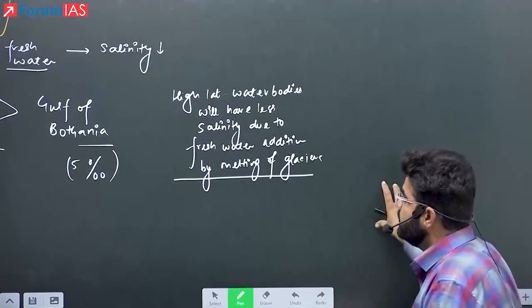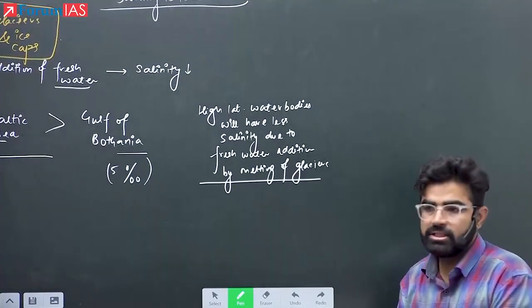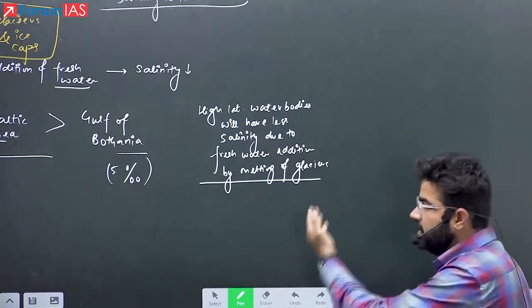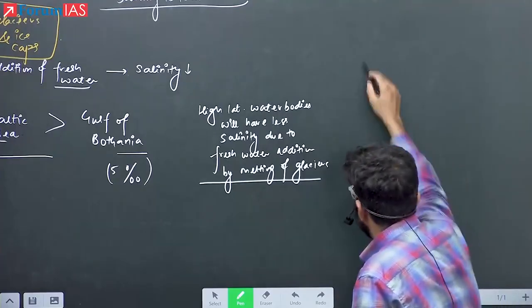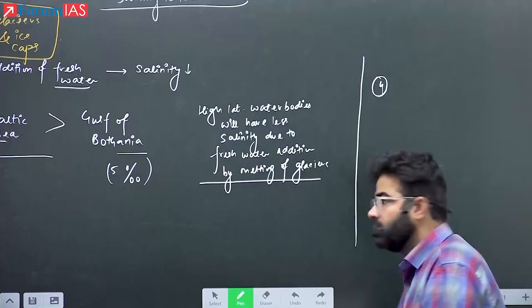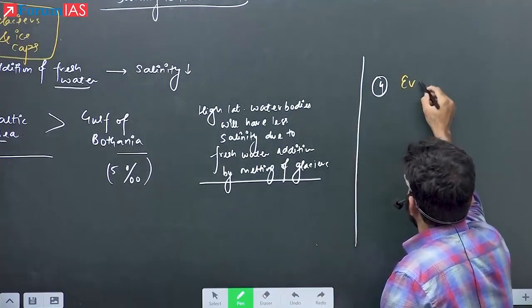So far, we have learned these three factors, and all of them were responsible for reducing the salinity. Yes, addition of fresh water, addition by the rainfall, addition by the glaciers. Now, the other factors, 4, 5, 6 onwards, they all will increase the salinity, right? For example, write down the fourth factor is evaporation.